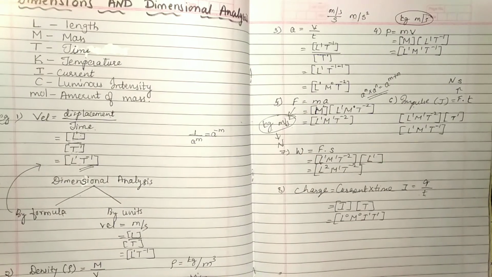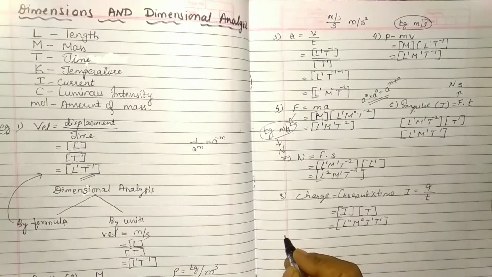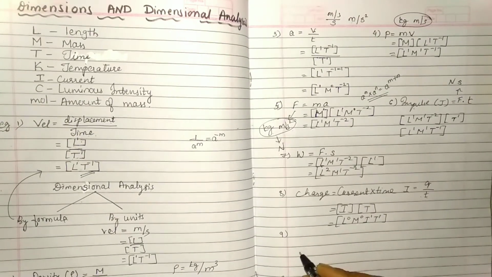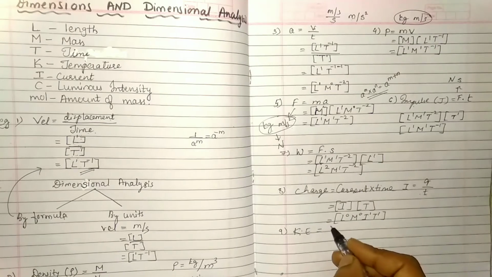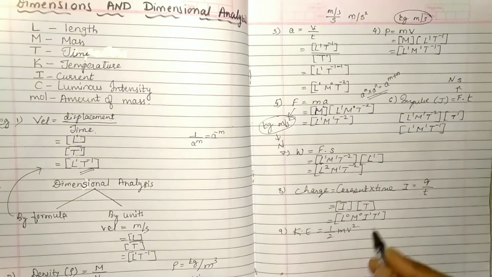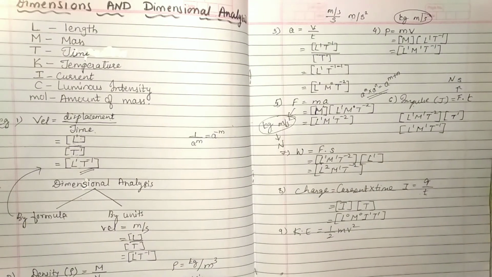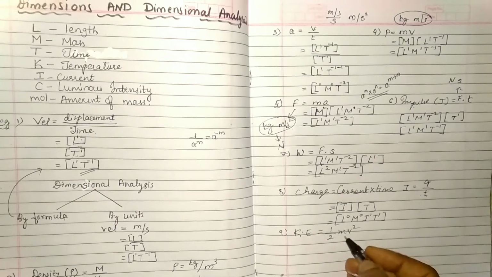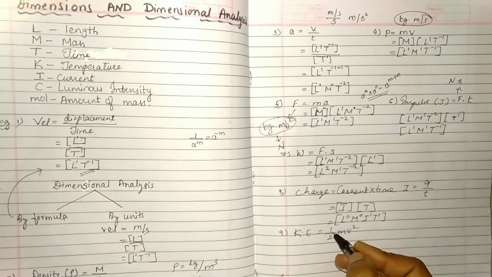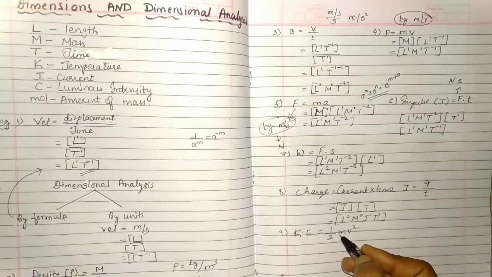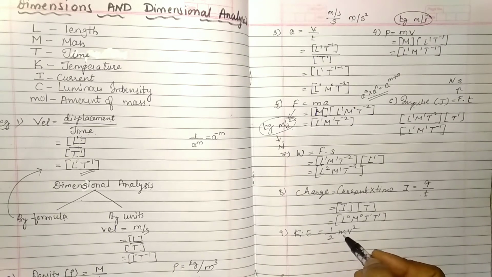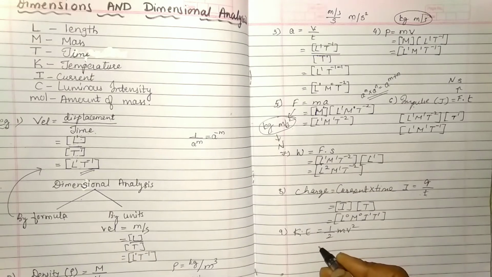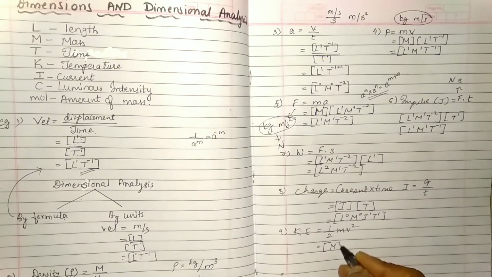I hope I made it clear. Then take another example. Kinetic energy can be taken. Kinetic energy, as we know, is half mv square. Half is a constant which is dimensionless. Constants don't have any dimensions. So we only have to concentrate on mass and velocity now. Mass is in terms of m.